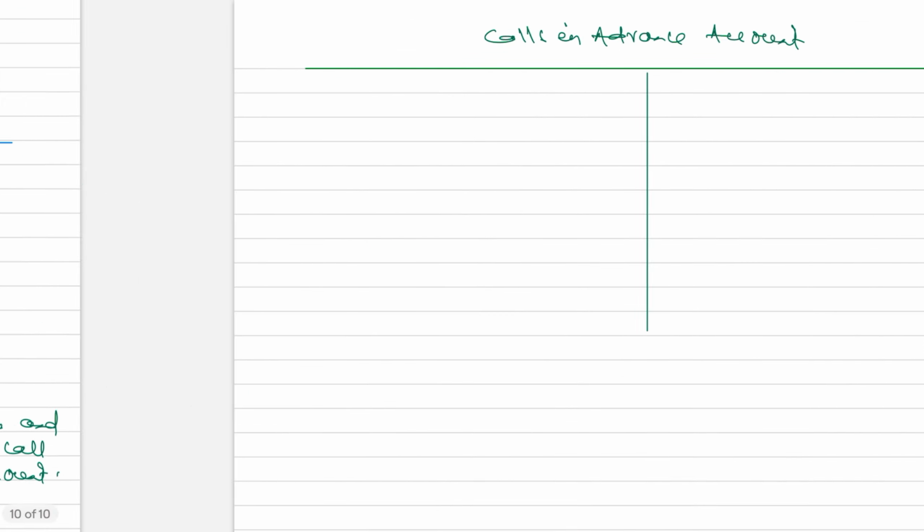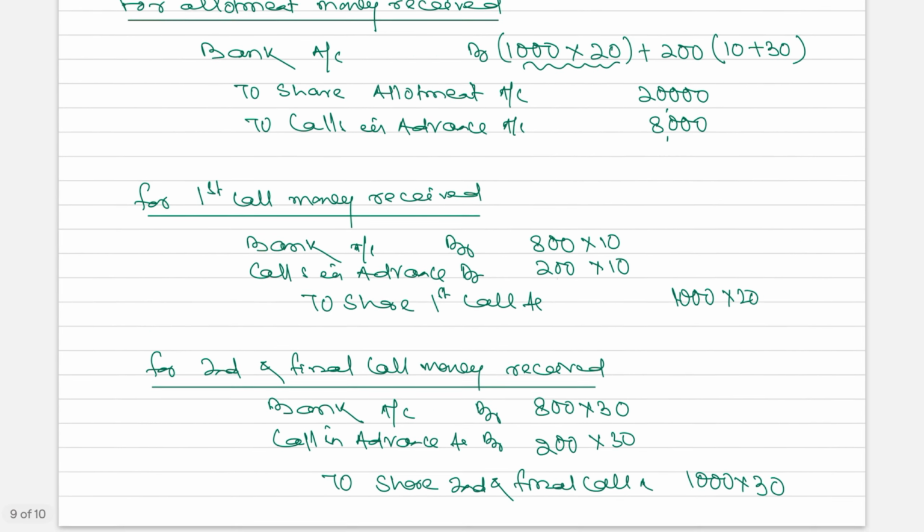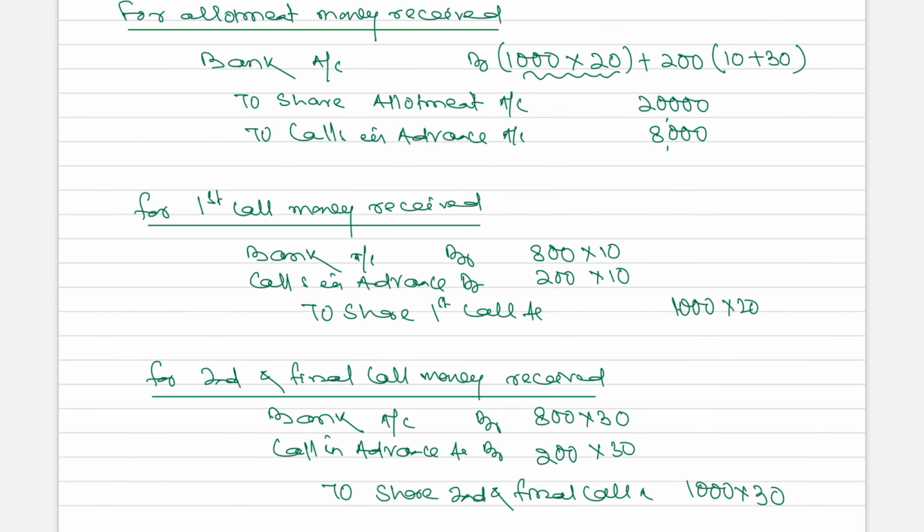So calls in advance account credited by bank, that is 8,000. So partly it has been adjusted at the time of first call, and second part adjusted at the time of second and final call.